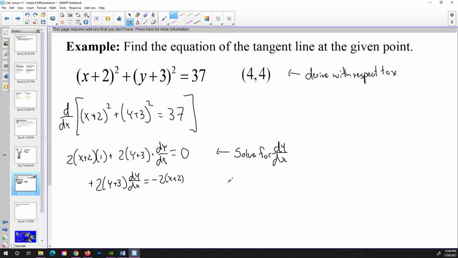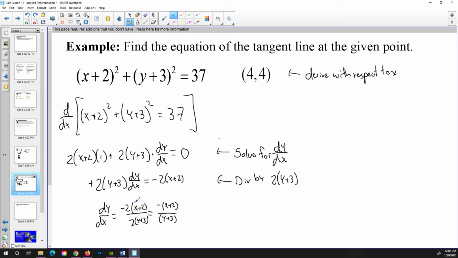Then I'm going to divide by 2 times the quantity y plus 3, and that'll leave me with dy over dx equal to negative 2 times x plus 2 over 2 times y plus 3. All right, so we'll just cancel the 2's, and that is equal to negative x plus 2 over y plus 3.